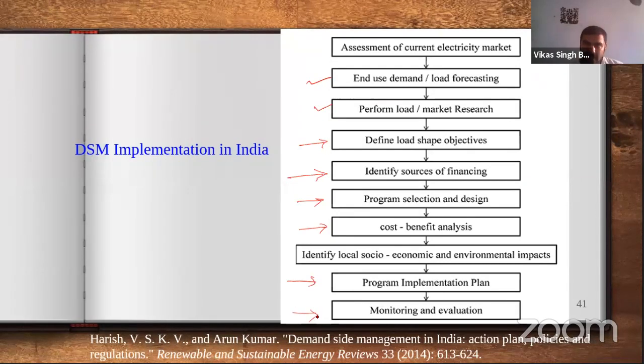Monitor and evaluate that DSM, whether that DSM is performing satisfactorily or not. If that is not performing, then again we need to change that DSM plan as per the feedback received during the monitoring and evaluation.